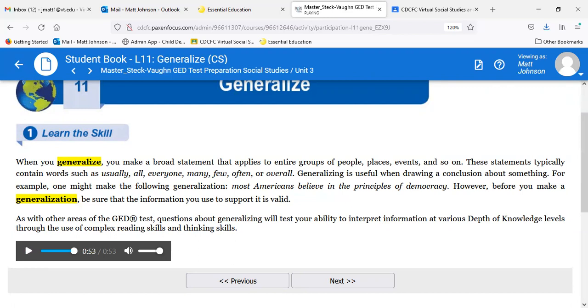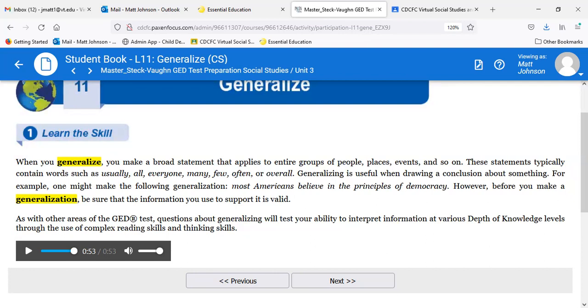All right. I think what's important about a lesson on generalizing, at least for me, is learning when not to do it as much as when to do it, when it's appropriate to use a generalization, because you have to be very careful. You want to make sure that your evidence supports it.